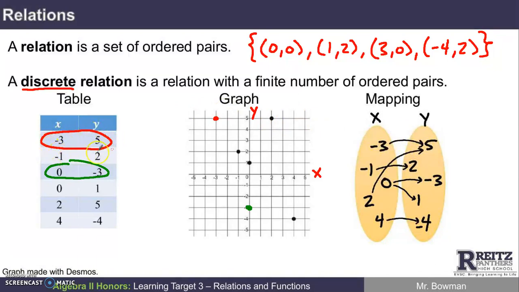So this (-3, 5) is shown by the arrow that connects -3 in the x set to 5 in the y. The (0, -3) is shown by the arrow that connects 0 in the x to -3 in the y, and so forth. So these are all different ways to indicate relations and to organize that information for you.